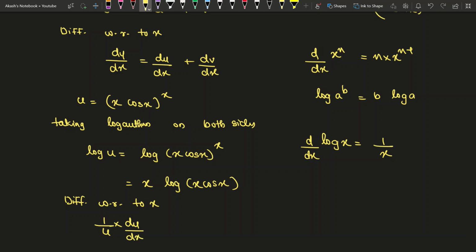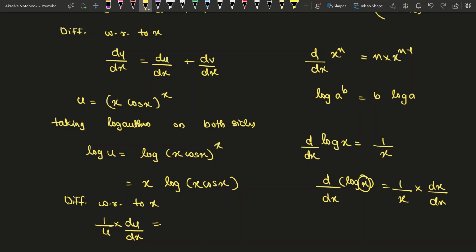Why is du by dx coming now? Whenever you are differentiating log x also, the procedure is d by dx of log x equals 1 by x into dx by dx. We should differentiate whatever function is coming inside. But dx by dx is 1, that is why we directly write 1 by x. Otherwise, we need to differentiate the inside function also.